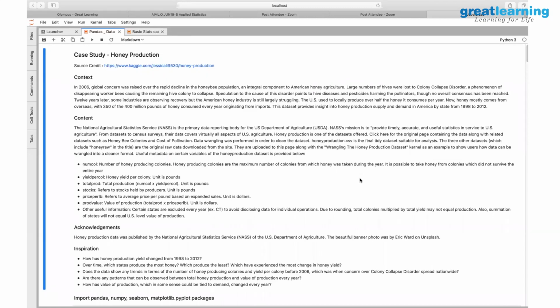So they started gathering the data historically, and wanted to analyze what is causing this, what the reasons are, what data we have, and what insights we can gather from that data. That's the exercise essentially. The US used to locally produce honey. Now honey mostly comes from overseas, with 350 to 400 million pounds of honey consumed originating primarily from imports. So that's the extent of it.